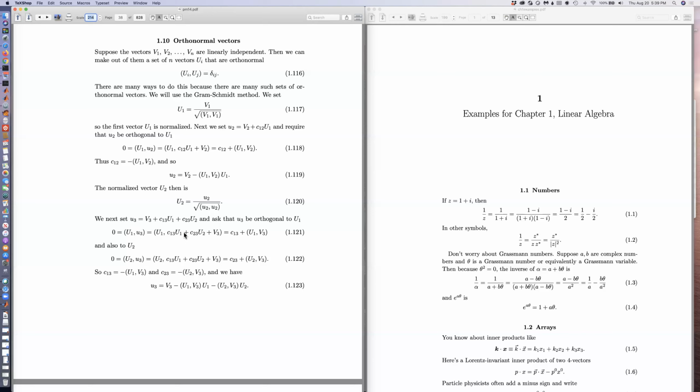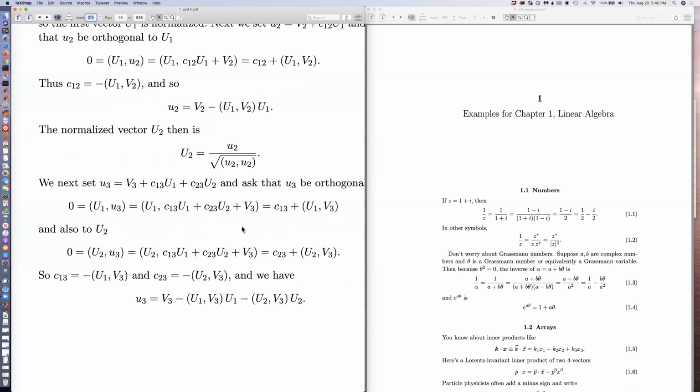Well, U1 is normalized, so this just gives us C13. The inner product of U1 with U2, well, they're orthogonal. We've constructed them to be orthogonal. And then what we're left with is just the inner product of U1 with V3. And so this identifies C13 as being minus this.